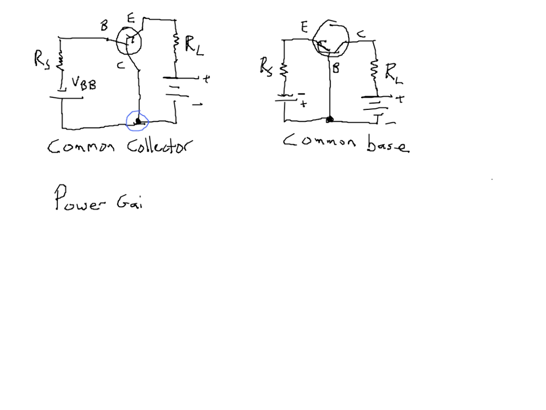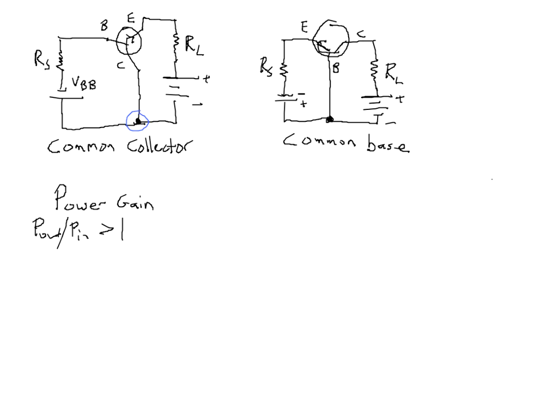Okay, by power gain, we mean, does the power out over the power in, is that greater than 1? Okay, and that would be what we're considering the input current and the output current. Is the power for the output greater than the power for the input?